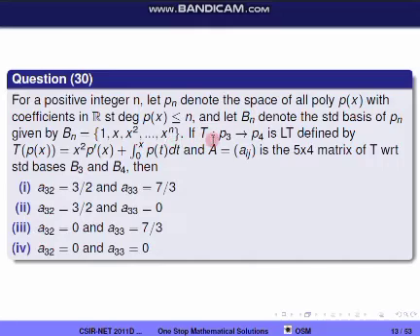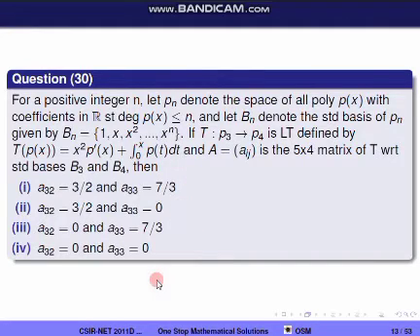If T from P3 to P4 is a linear transformation defined by T(p(x)) equal to x square p prime of x plus integral 0 to x of p(t) dt, and A equal to (Aij) is the 5 cross 4 matrix of T with respect to the standard bases B3 and B4, then which of the following options is true.